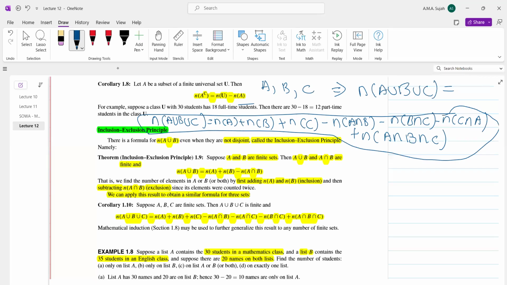To understand this equation, the easiest way is to draw the Venn diagram for three sets.